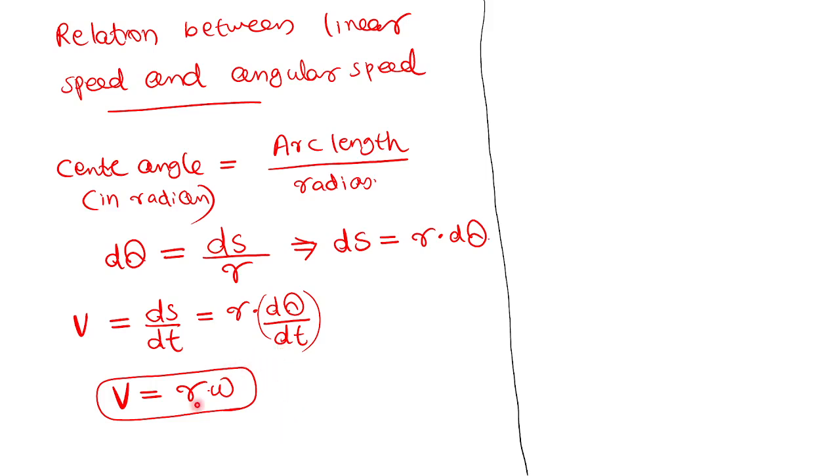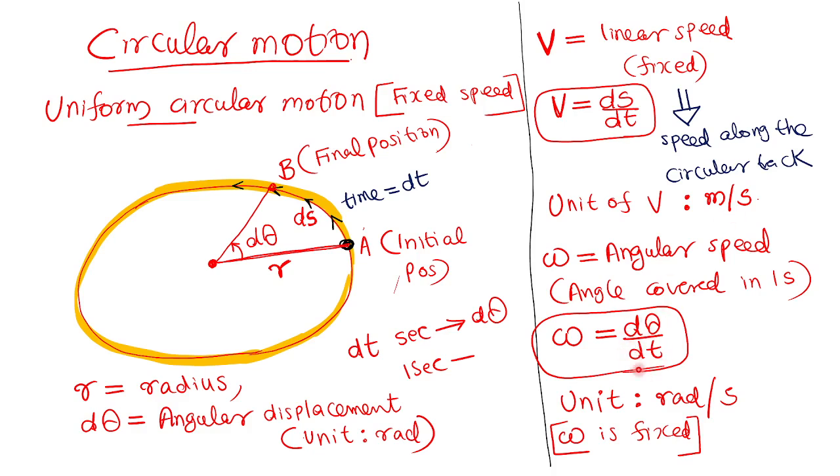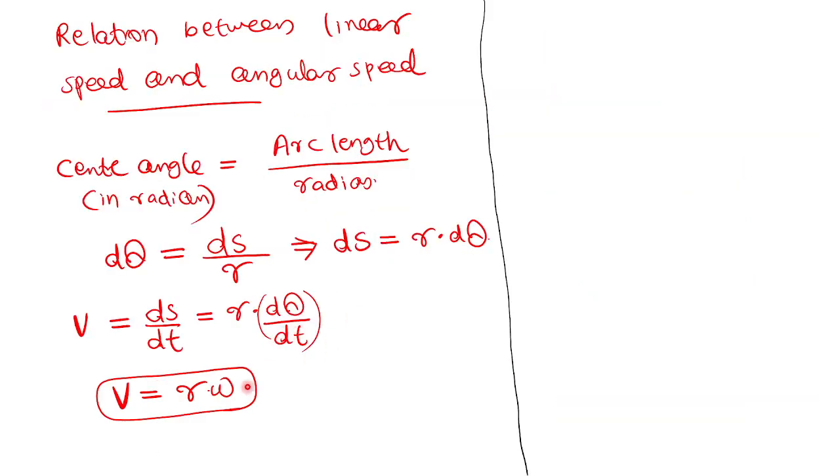You can watch the recorded classes also, no problem, I am recording this video. d theta by dt we have already studied as omega, the angular speed. So v equals r omega. So please write down. If you are 100% clear and have written the derivation, raise your hand.